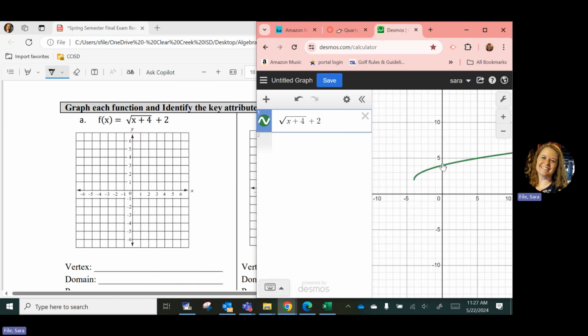Okay. But if you need the help, look at Desmos and click here and get these points. So there's the vertex, if you will. It's not technically a vertex because it's an endpoint. It's a minimum point, but there's not a change in direction here. But that's at -4, 2.